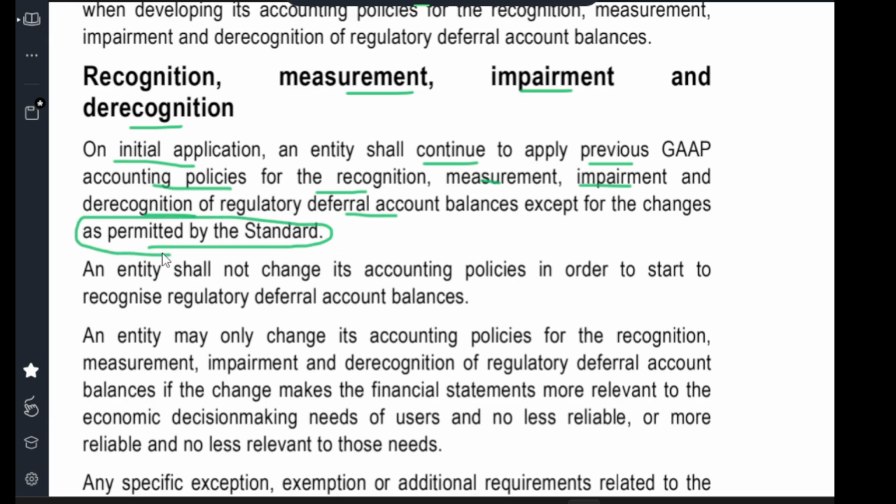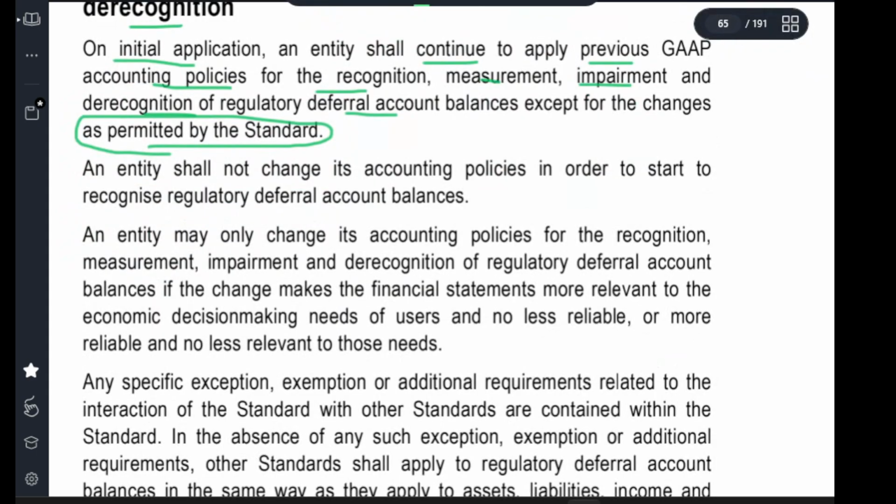So on initial application, the previous GAAP policies should be followed consistently: recognition policy, measurement policy, impairment policy, de-recognition policy. If they want to change anything that is permitted by the standard, they can change it. An entity shall not change accounting policy in order to start recognizing regulatory deferral account balances.